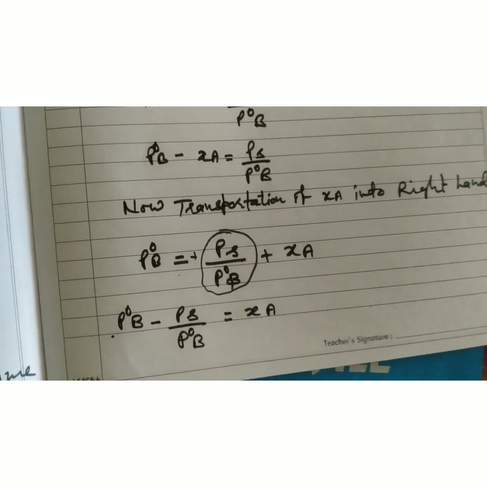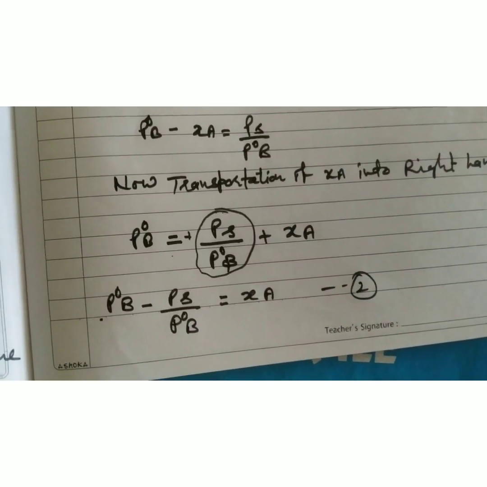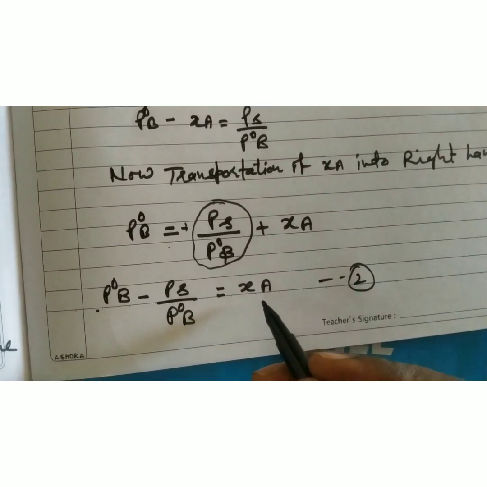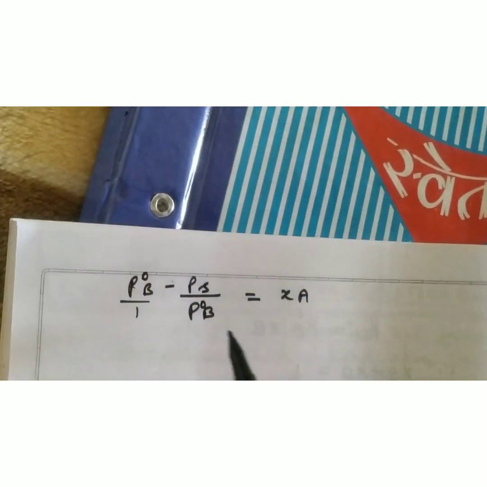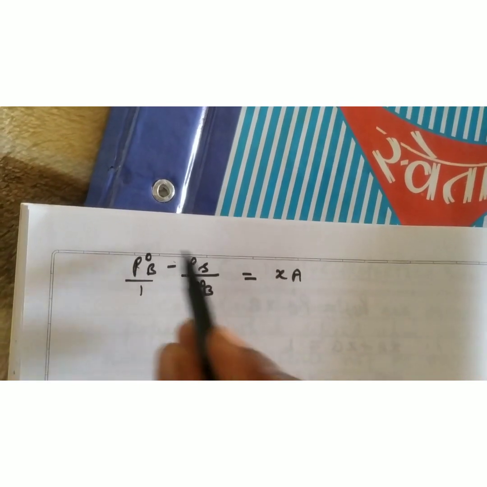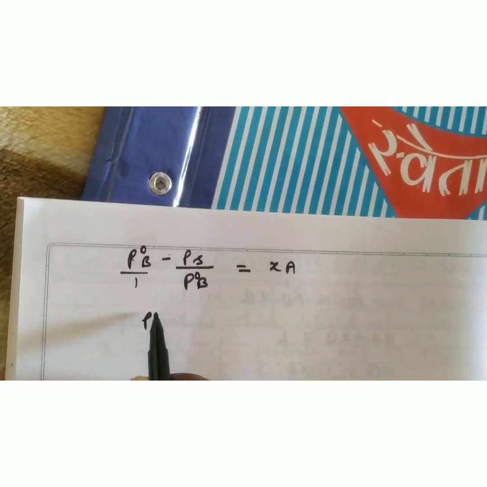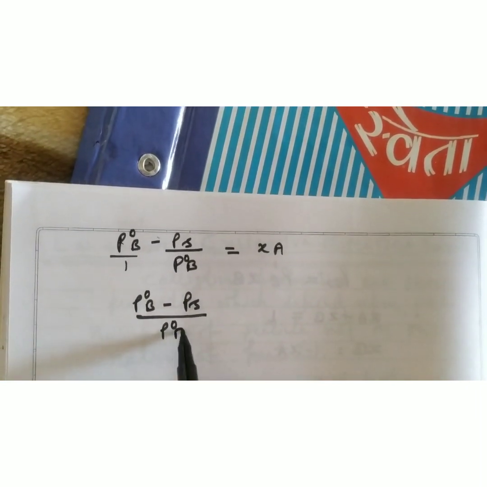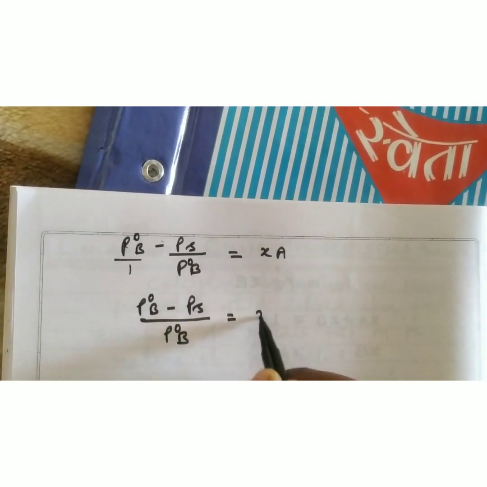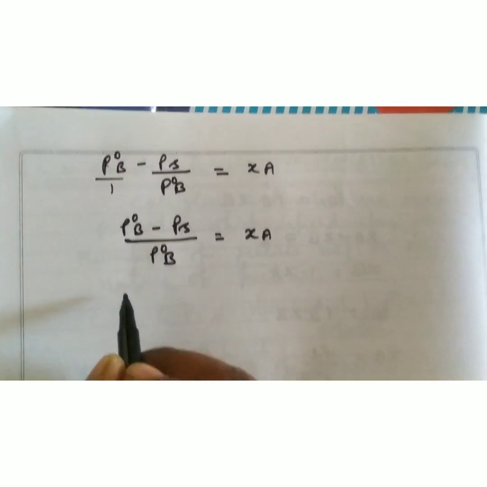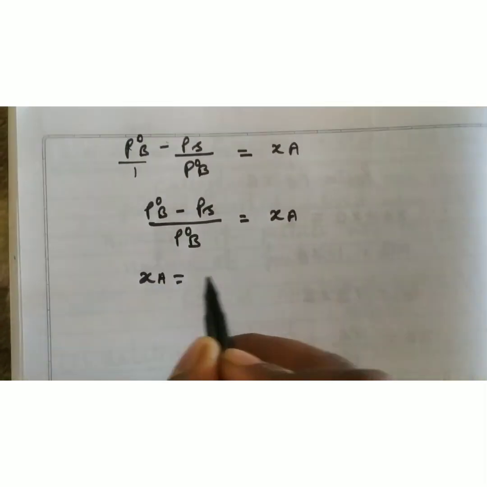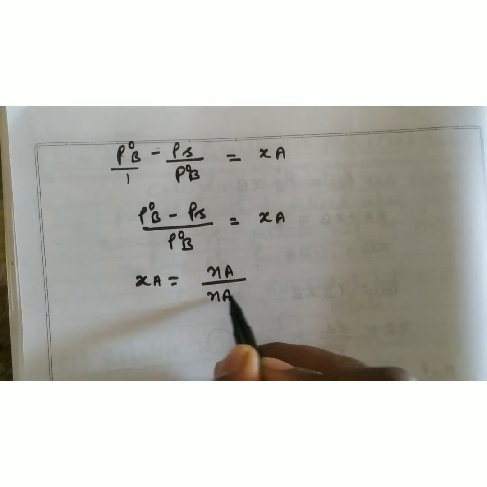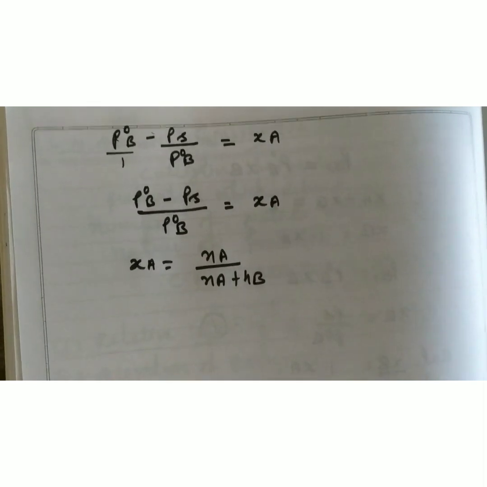This is equation number 2. On simplification, the equation will be P naught B minus PS divided by P naught B equals XA. And we know very well about XA: XA equals NA divided by NA plus NB in terms of mole fraction.